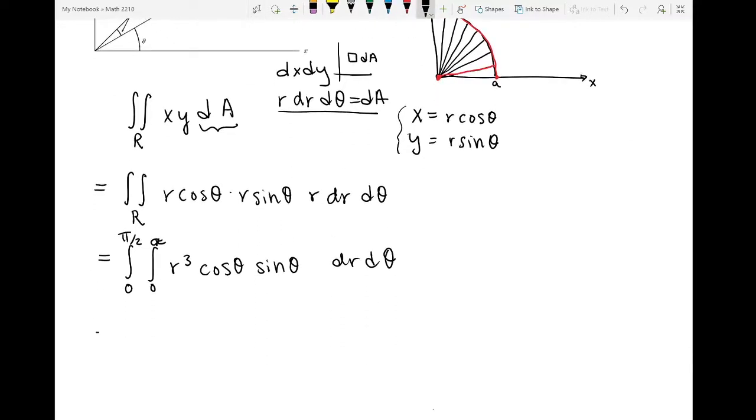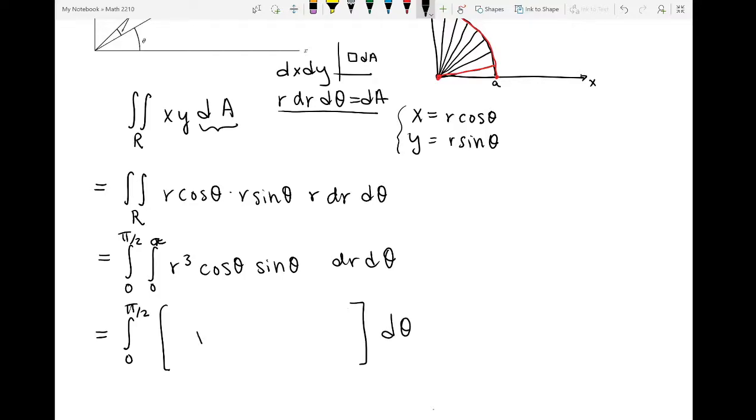Alright, now let's do the inside integration, and then we'll do the outer integration. This will be the integral from 0 to pi halves, and in the inner integral, 0 up to a of r cubed cosine theta sine theta. If we're going to integrate with respect to r, those trig terms are going to be treated as constants.